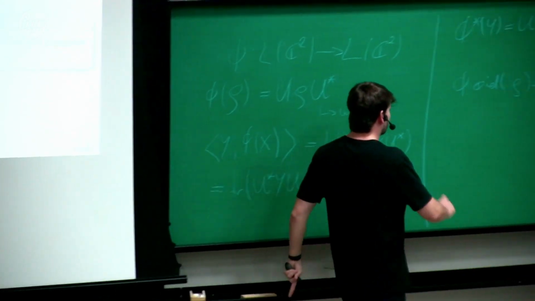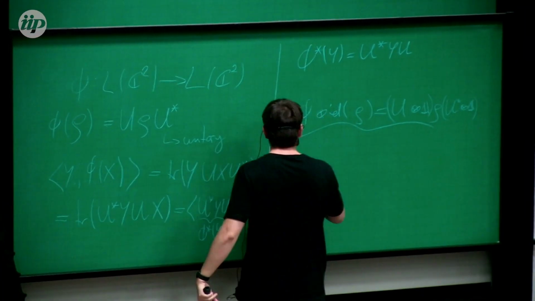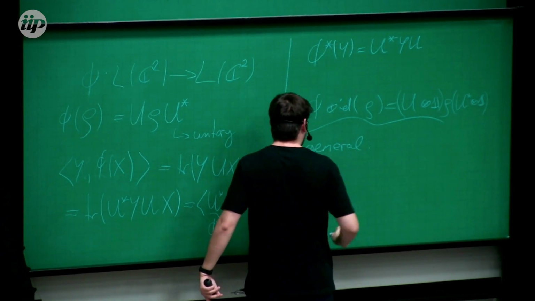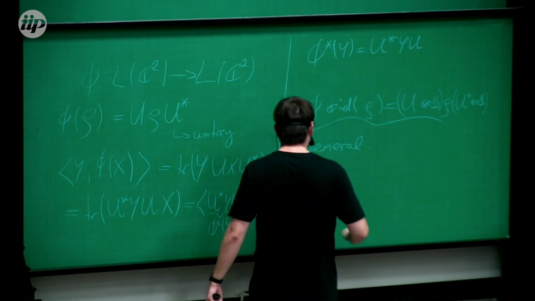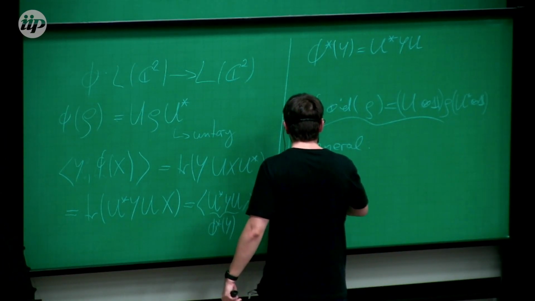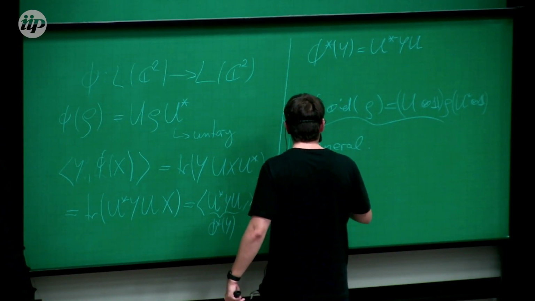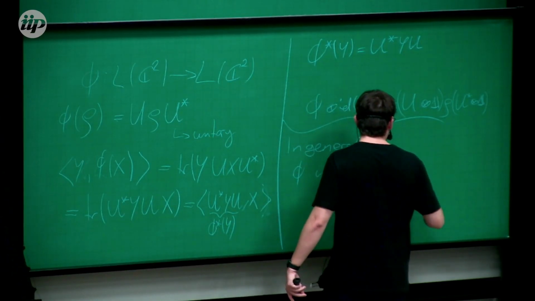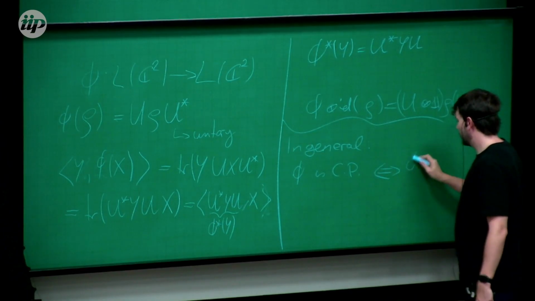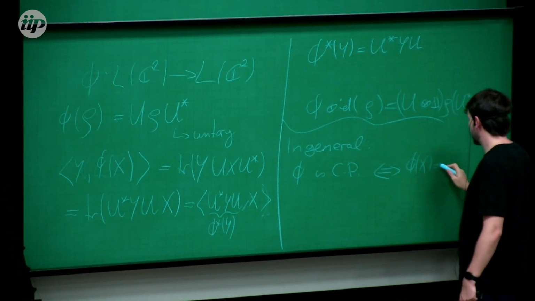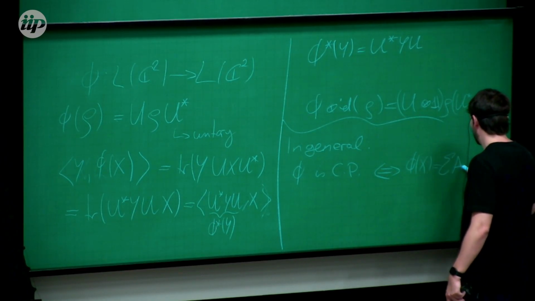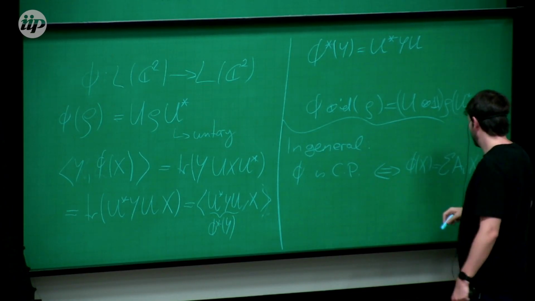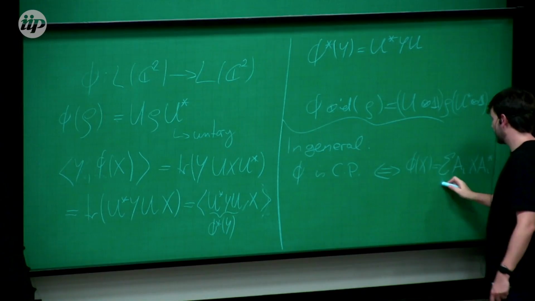In general, you say that phi is completely positive if and only if it is of the form phi of x equals the sum of A_i x A_i dagger, for some matrices A_i.